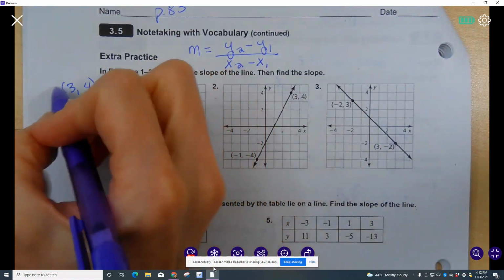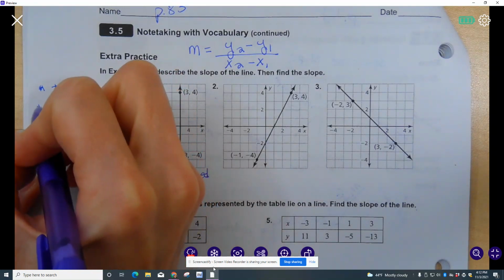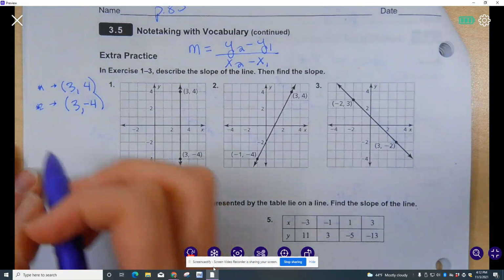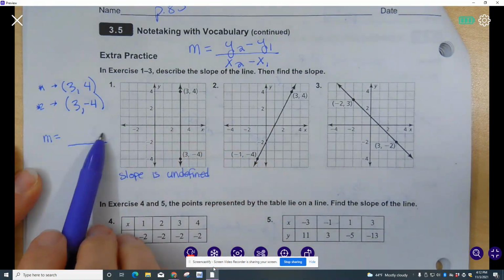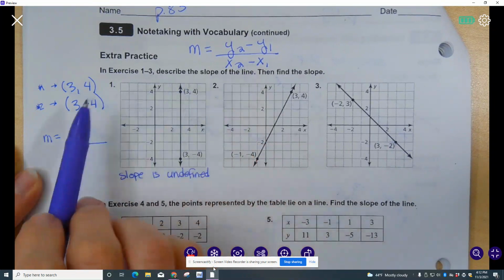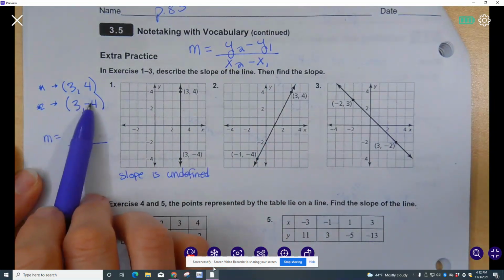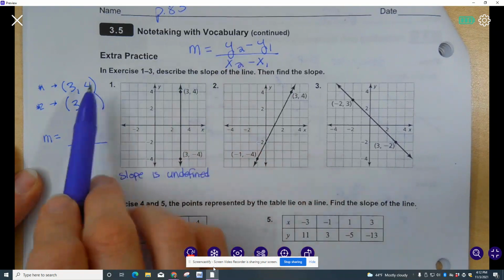So if we call this our first point and this our second point, we're going to plug into this formula. And on the top, we're going to subtract our y's, y2 minus y1, and x2 minus x1. So if this is point number 2, this is y2. So we're going to do y2, which is negative 4, minus y1, which is 4.